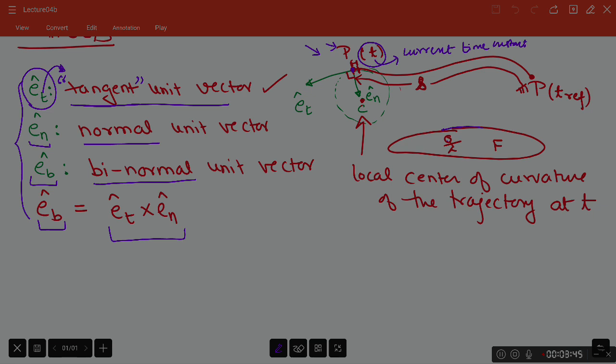There is another P on this figure, and this P denotes the same particle, but not at time t, but at a time instant in the past, in the history of that particle. So t reference is a fixed time in the past.